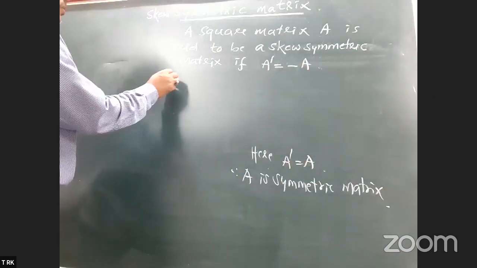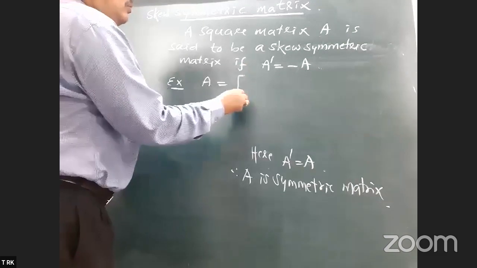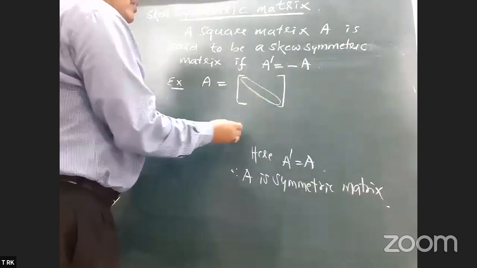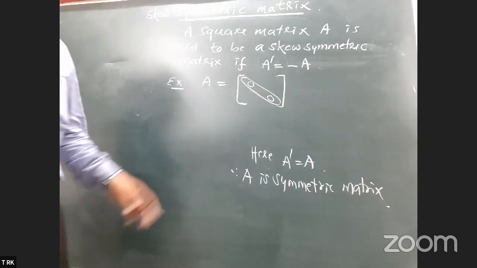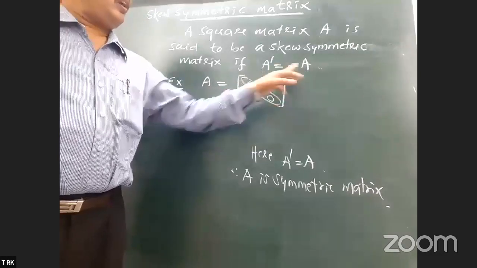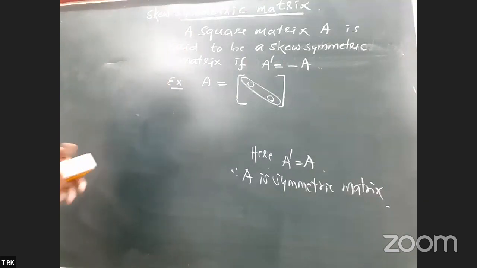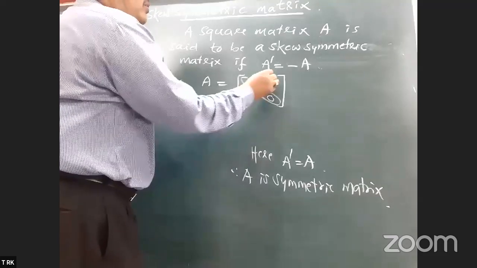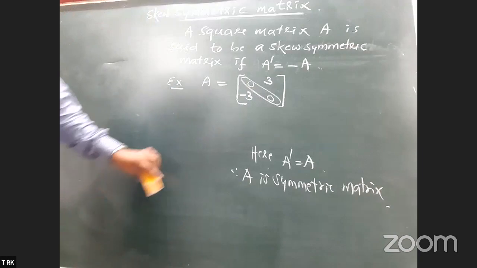For example, A is equal to this matrix: along the diagonal we get 0 because the transpose of A added to A gives the null matrix. So along the diagonal we get 0, 0, and suppose 3 is here, then in case of skew symmetric we get minus 3.